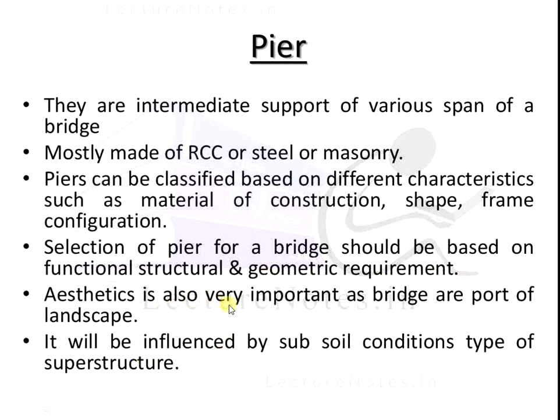The aesthetic is also very important as bridges are part of the landscape. Nowadays the aesthetic view of the bridge is important for a better landscape. Next, it will be influenced by subsoil conditions and type of superstructure. The pier or column is totally dependent upon the soil or subsoil condition.